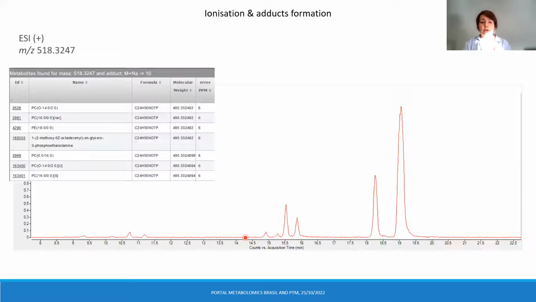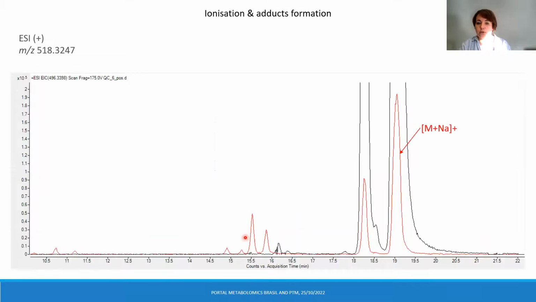We have another peak and another candidate. What about the sodiated form? If we assume that it might be either sodiated phosphocholine or phosphoethanolamine, we have to remember that we must observe also the M+H signal, and this signal must be more abundant than the sodiated one. So I simply calculated the M over Z for the protonated form.